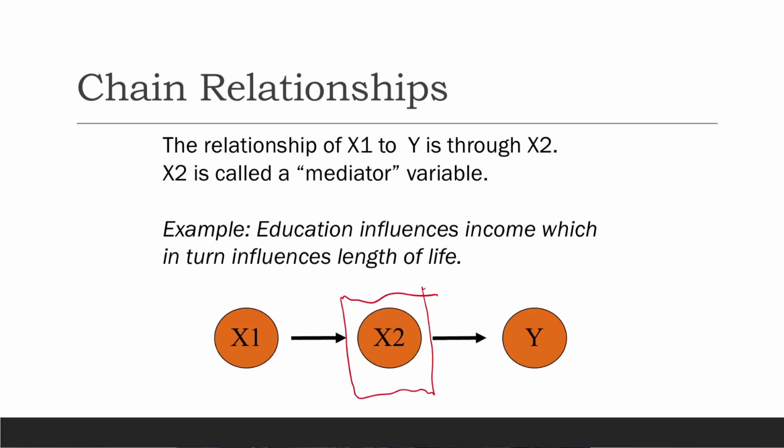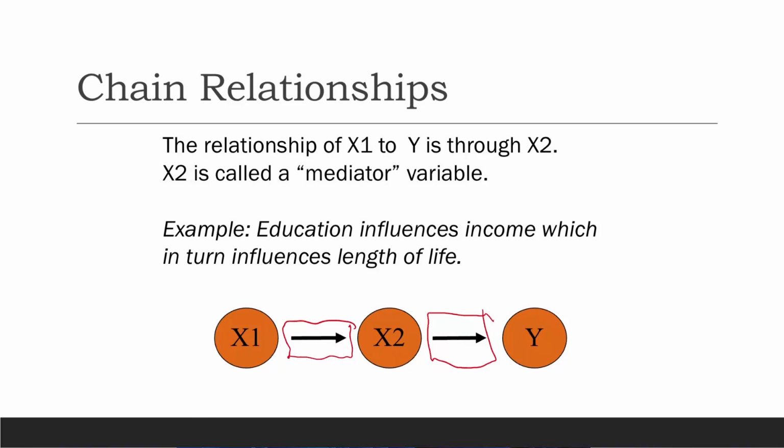And that happens to be income. So in this case, we think that education is influencing income. If you have higher levels of education, you can make more money. And income is more directly affecting length of life.